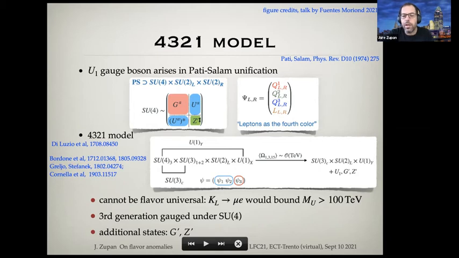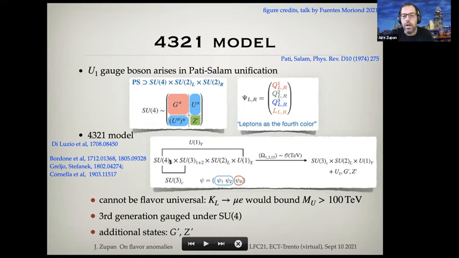The important thing here is that you should not be flavor universal, because if this is really Pati-Salam, then K_L to mu plus e minus would exclude this possibility. So the bounds are much too severe. So the phenomenologically viable solution is where you only gauge the third generation. So SU(4) only sees the third generation.